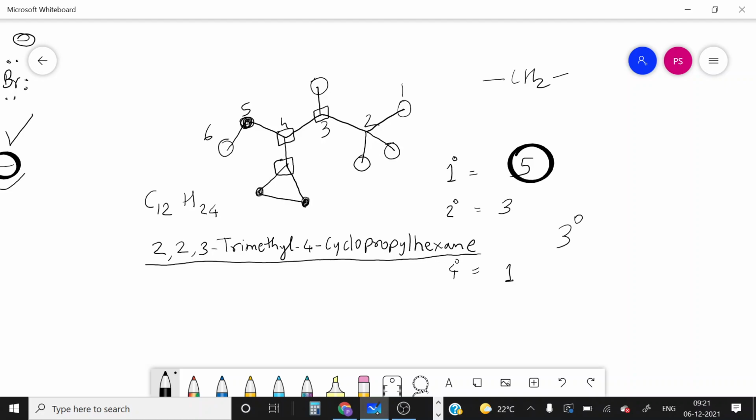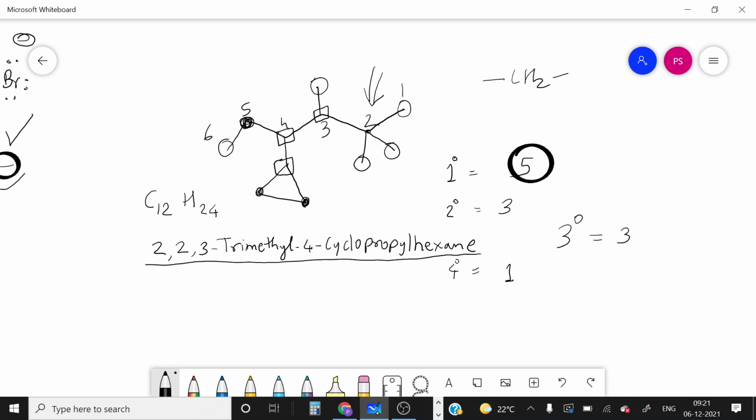So total number of tertiary carbon atoms are 3, and quaternary center only 1. The second carbon is quaternary center because second carbon is directly bonded to 4 other carbon atoms. That's why it is quaternary carbon. Okay, so quaternary carbon is 1.